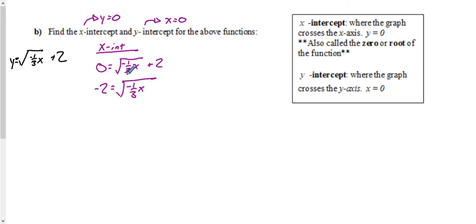And from here, if you notice that there's a negative inside your radical sign, this negative times x, whatever x is, won't actually work. You cannot square root a negative value. So therefore, on this first graph, we're not going to have any x-intercepts because you can't square root a negative value.